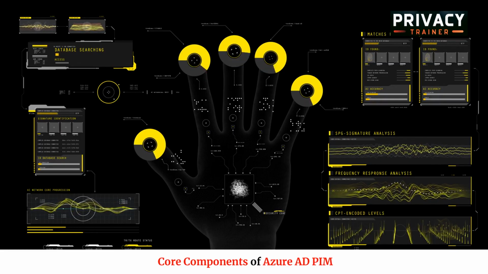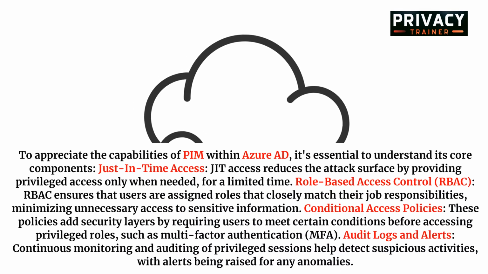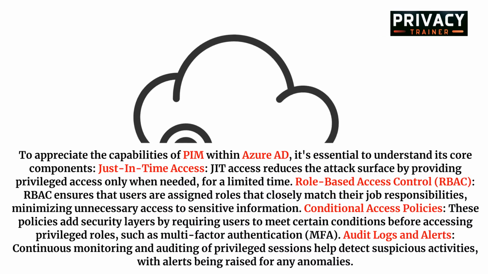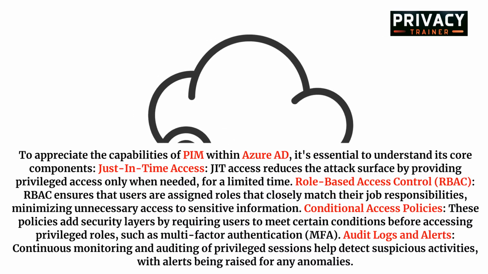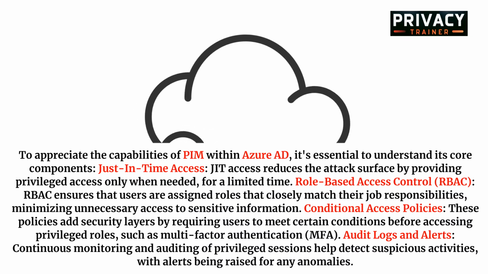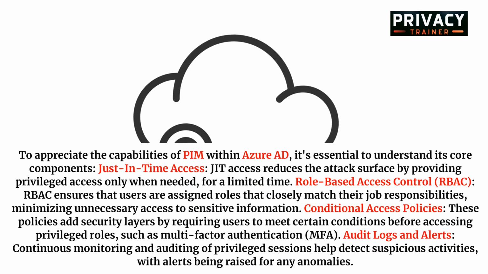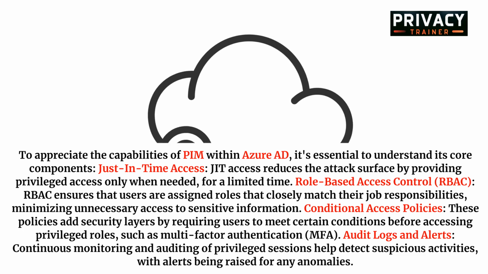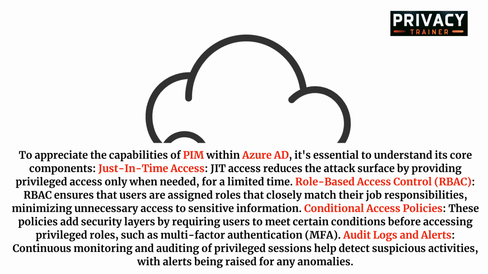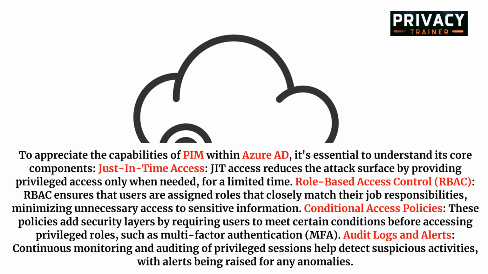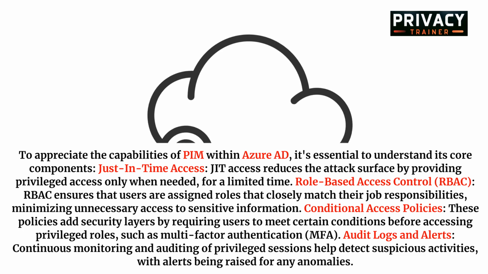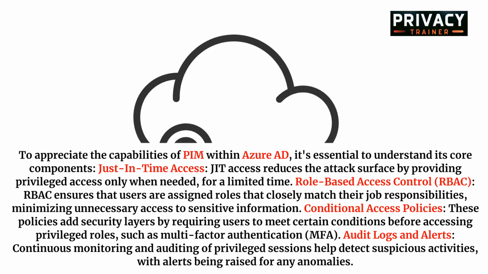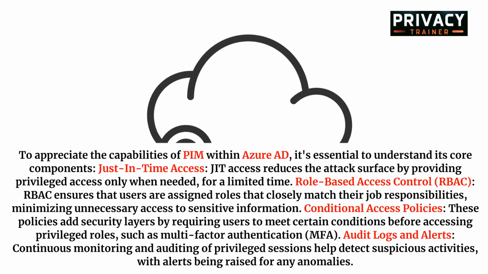Core components of Azure AD PIM. To appreciate the capabilities of PIM within Azure AD, it's essential to understand its core components. Just-in-time access. JIT access reduces the attack surface by providing privileged access only when needed, for a limited time. Role-based access control, RBAC. RBAC ensures that users are assigned roles that closely match their job responsibilities, minimizing unnecessary access to sensitive information.